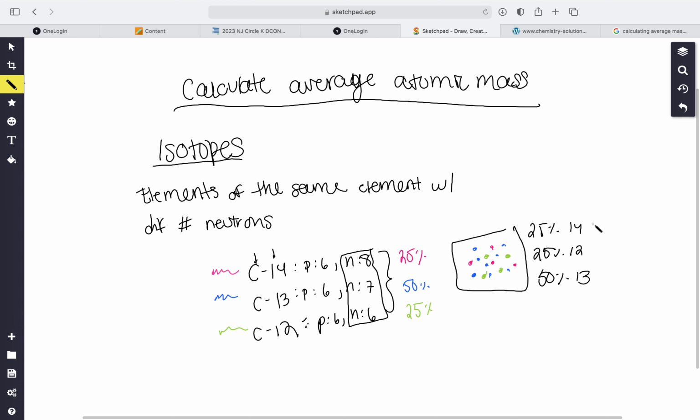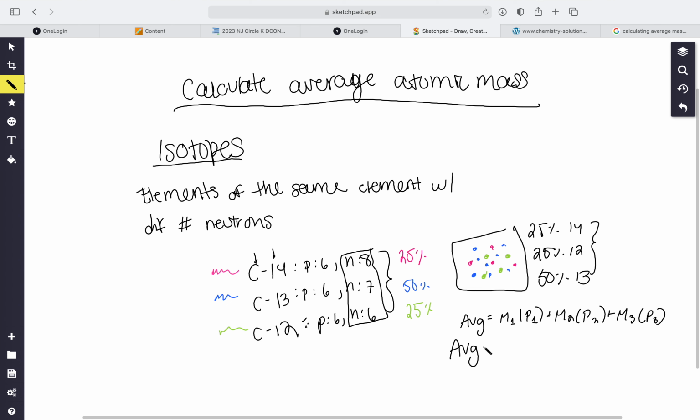So we have to figure out the average mass based on these, and we find that using this equation. The average mass is equal to the mass of 1 times the percent of 1, plus the mass of 2 times the percent of 2, plus the mass of 3 times the percent of 3.